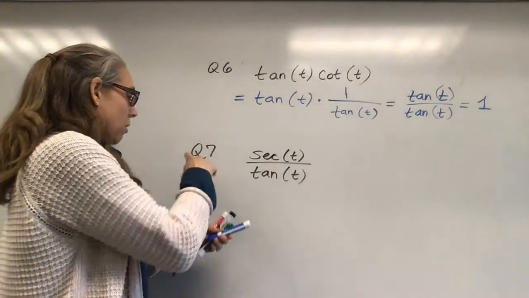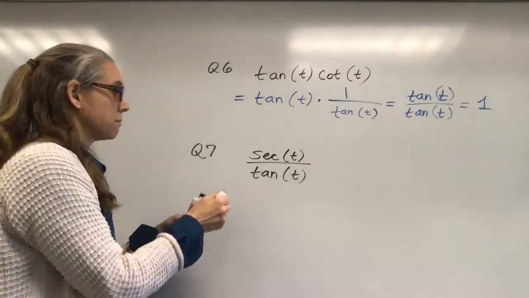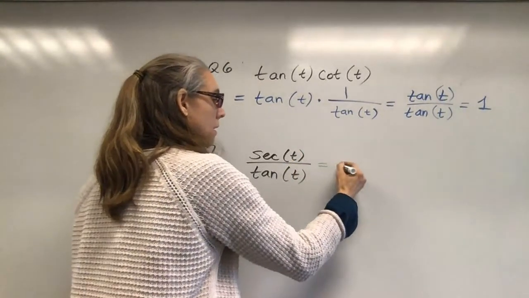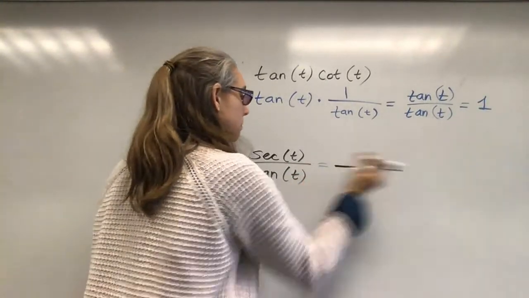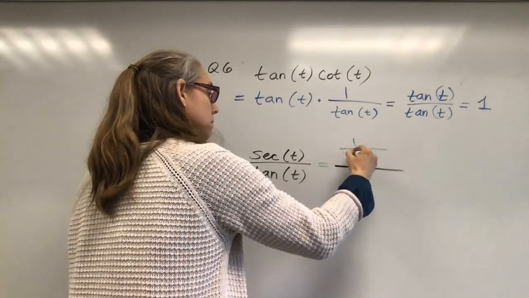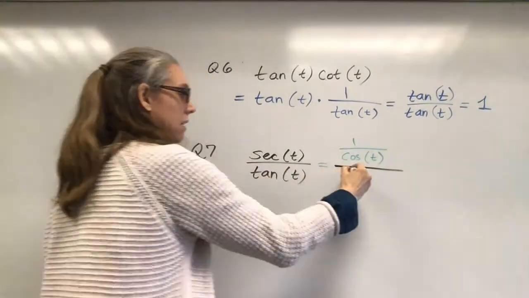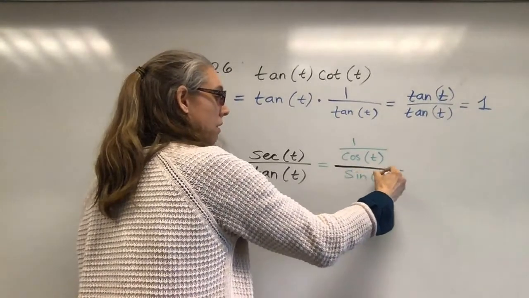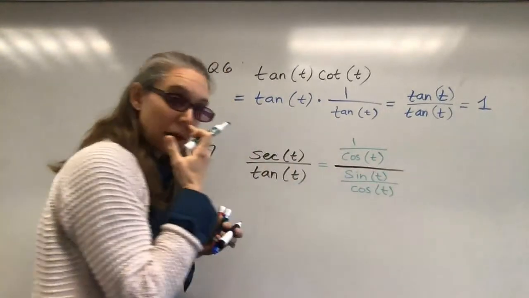Okay, question 7. So I have that secant is equal to 1 over cosine and tangent is equal to sine over cosine. So now I have a complex fraction.